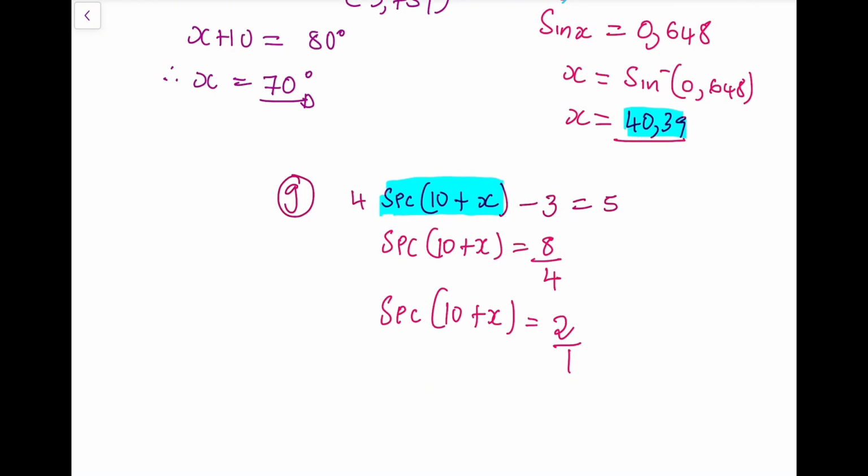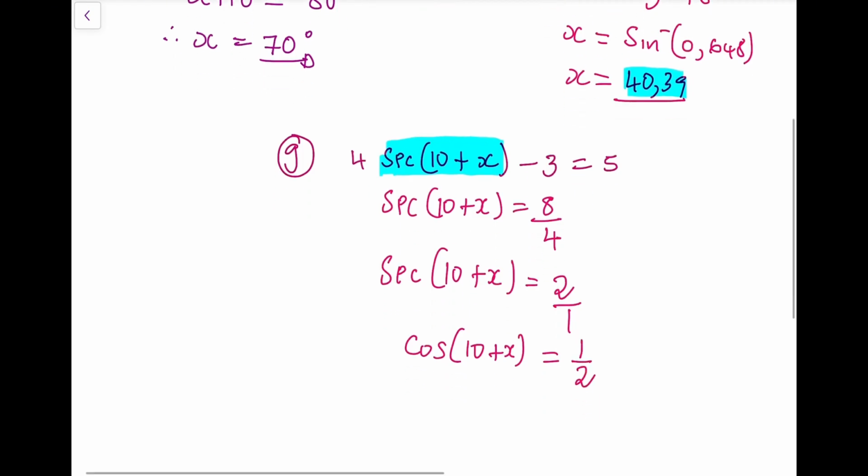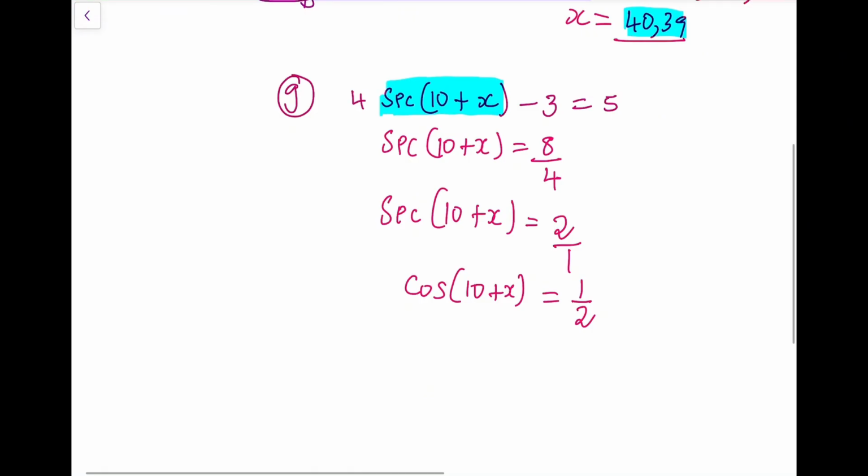So now, we can write this as cos of 10 plus x is equal to, if it is the reciprocal, now it will be 1 over 2.